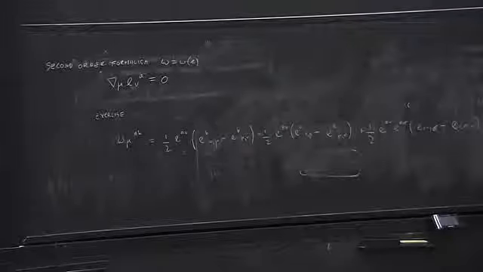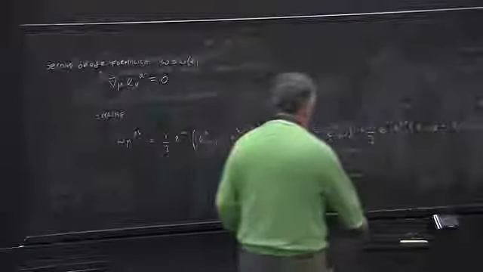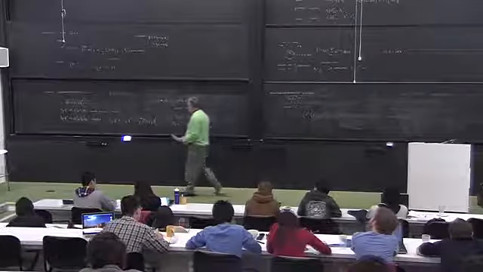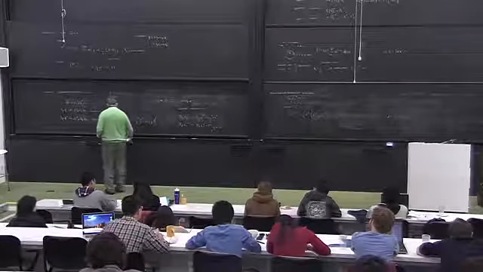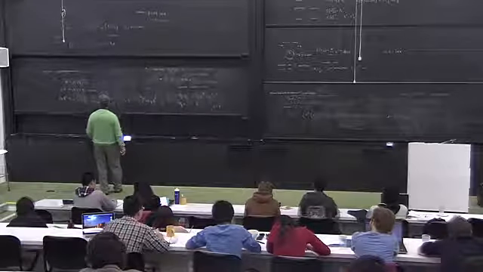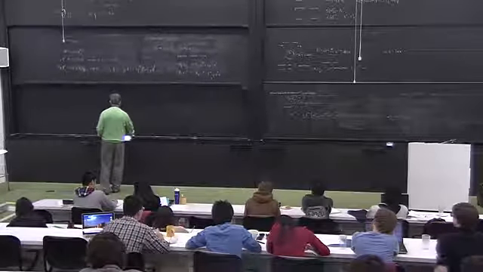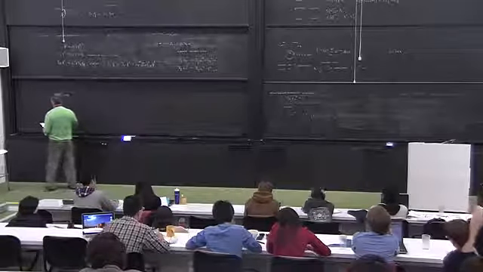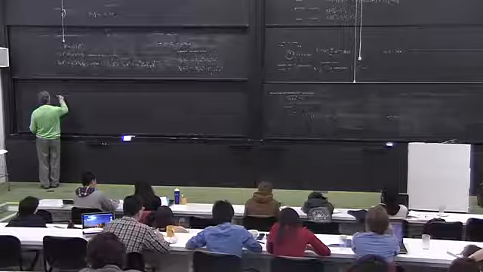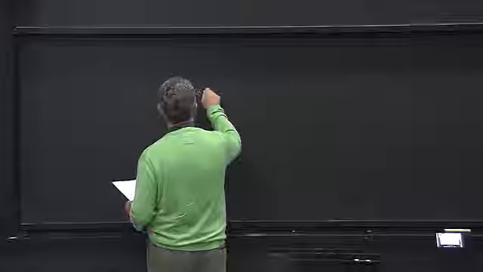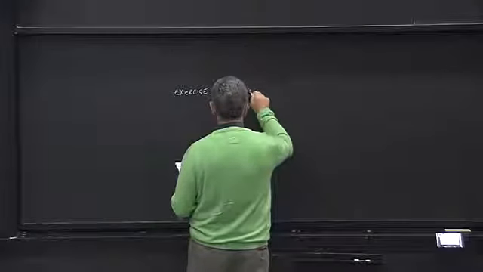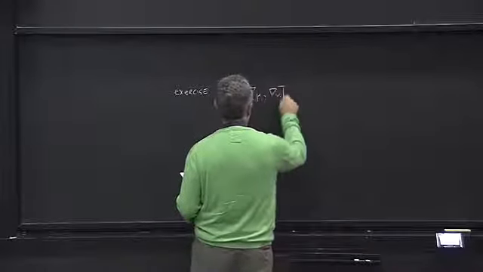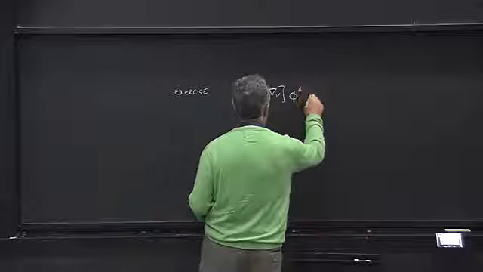Now, these covariant derivatives are based on important equations. Again, I won't derive them, I'll just quote them. Suppose we take the commutator of two covariant derivatives acting on this field phi alpha.